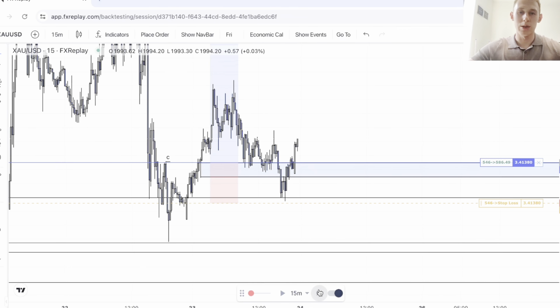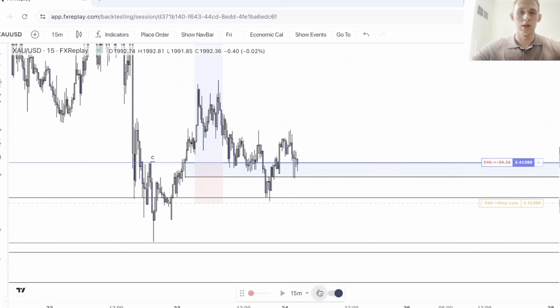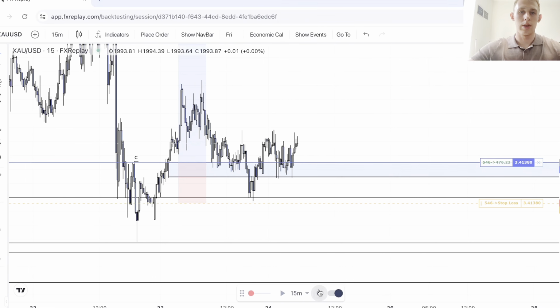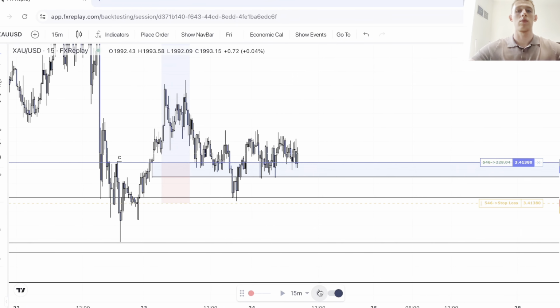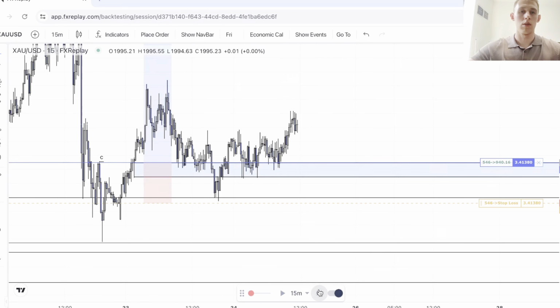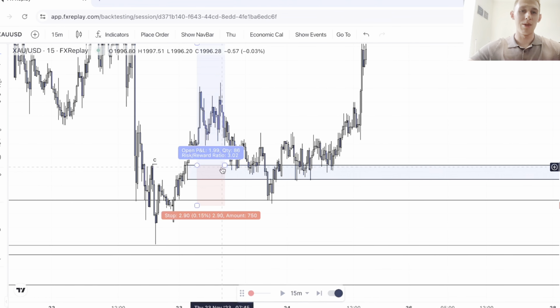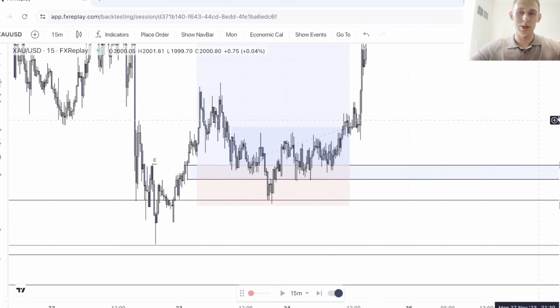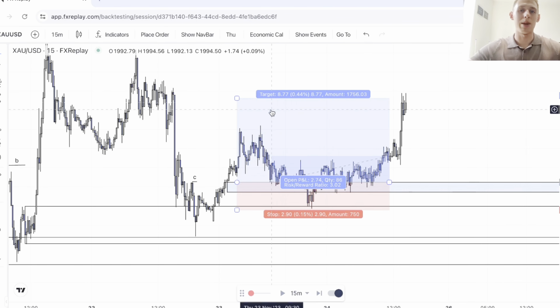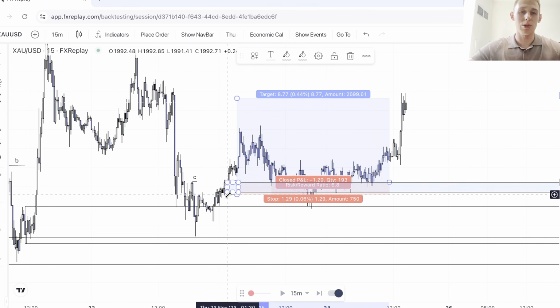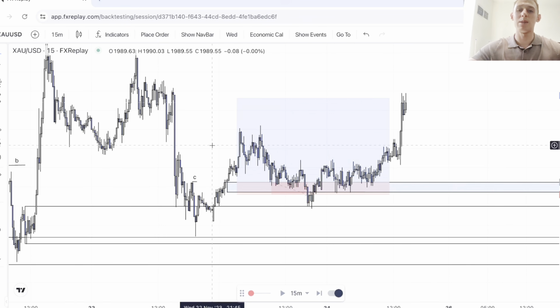It's not looking too good, to be honest. There we go. So almost hit stop loss, but that's basically what I was talking about, where you don't always want to have a very tight stop loss like this and try and predict the market too much.